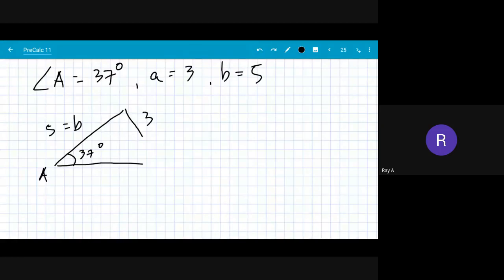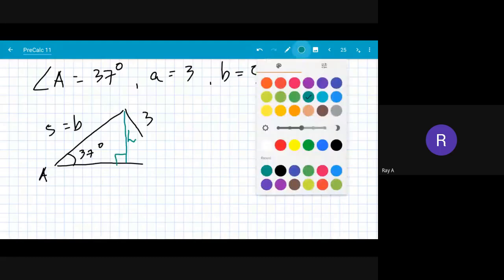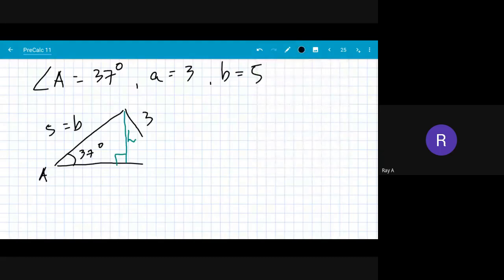So once again, we need to think about the height. All right, h. What is that height h? Since we have a right triangle here, therefore the sine of 37 degrees is equal to h over 5.